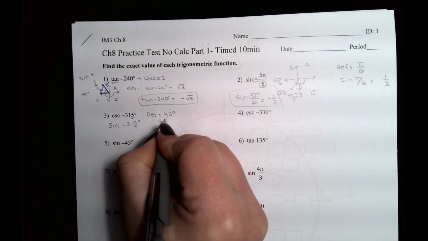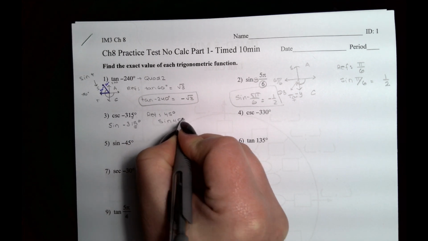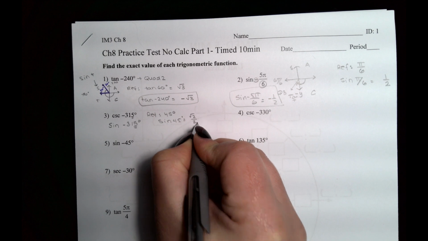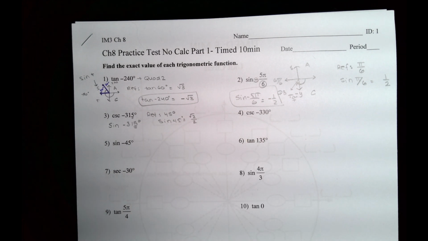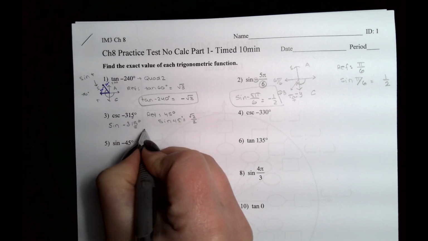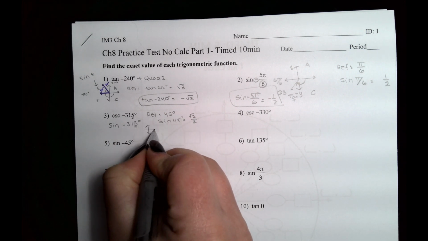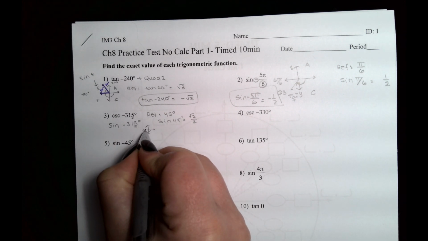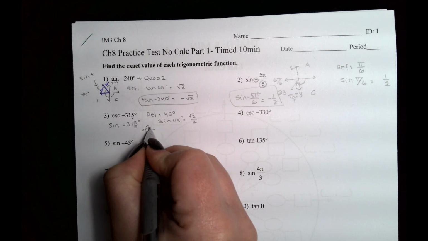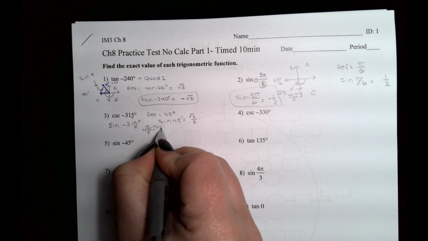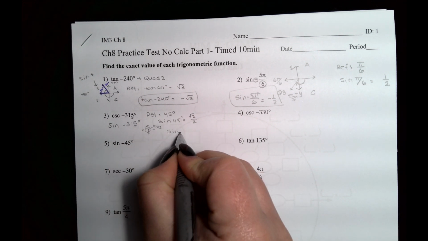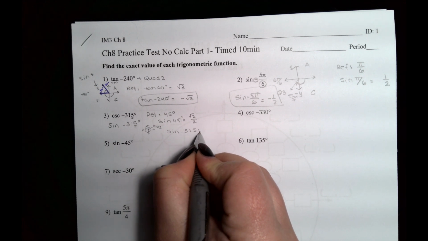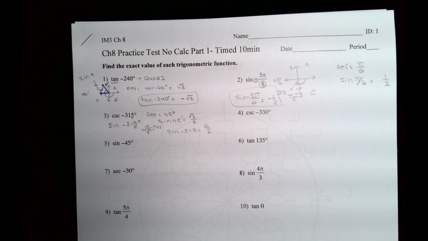So we technically have sine of 45 degrees, which is square root of 2 over 2. Now we don't have 45 degrees, right? That's a reference angle. Instead, we have 315 negative. So we're going down. That's 270. We are in quadrant 1. So we have sine of negative 315 is root 2 over 2.